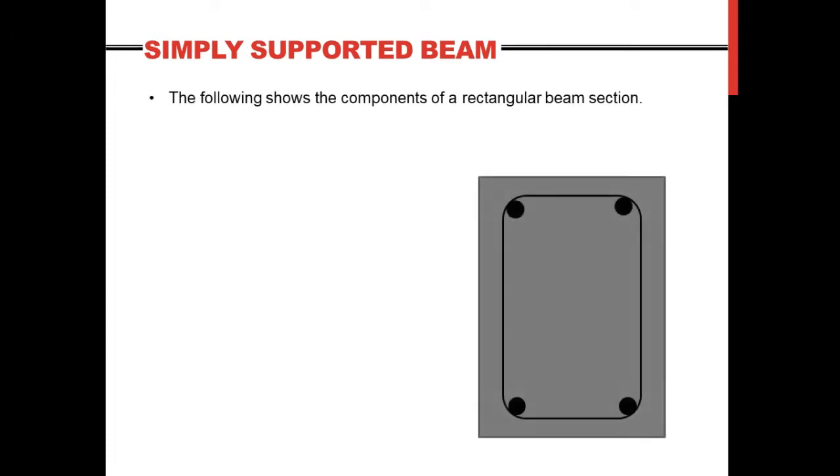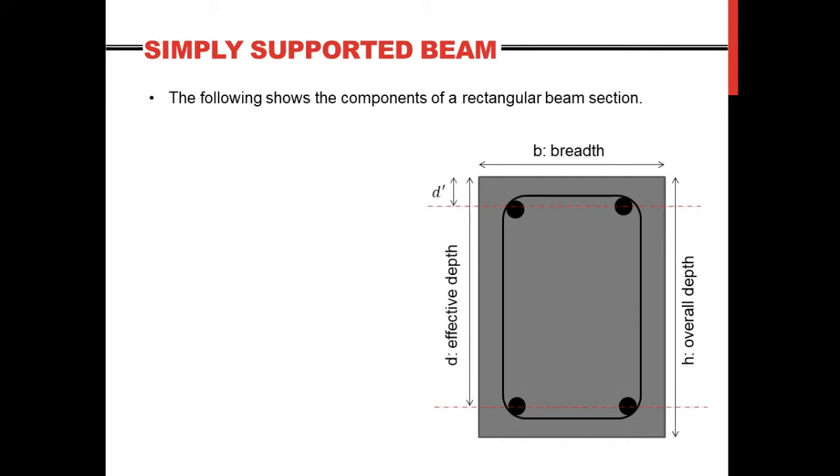Right, so we move on and define some of the aspects of a cross section. Now I'm defining some of the terms. Here we have the breadth, given as B. This is the breadth, and the overall depth, from the extreme top to the extreme bottom, is H. So this is the overall depth.